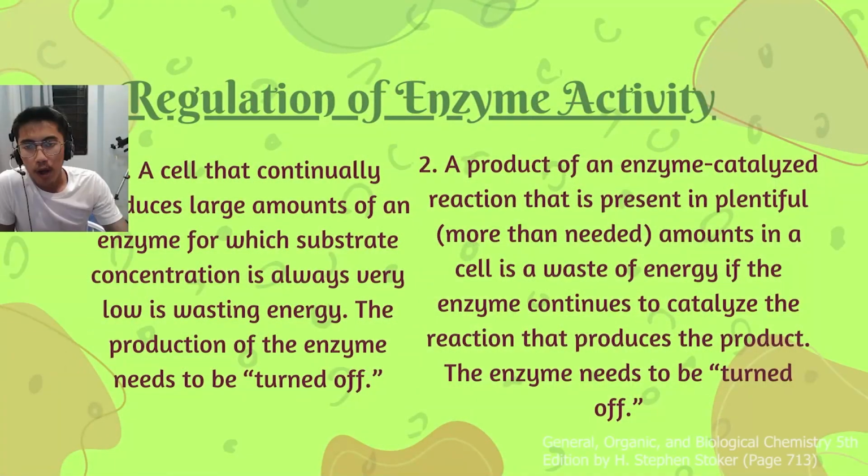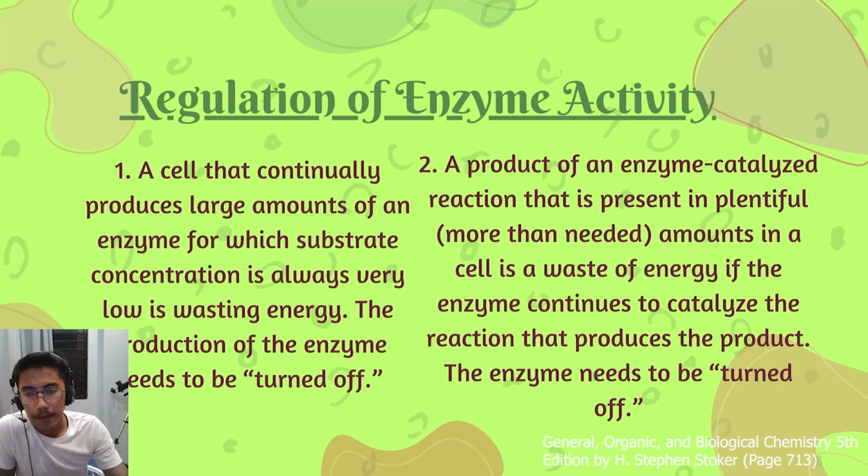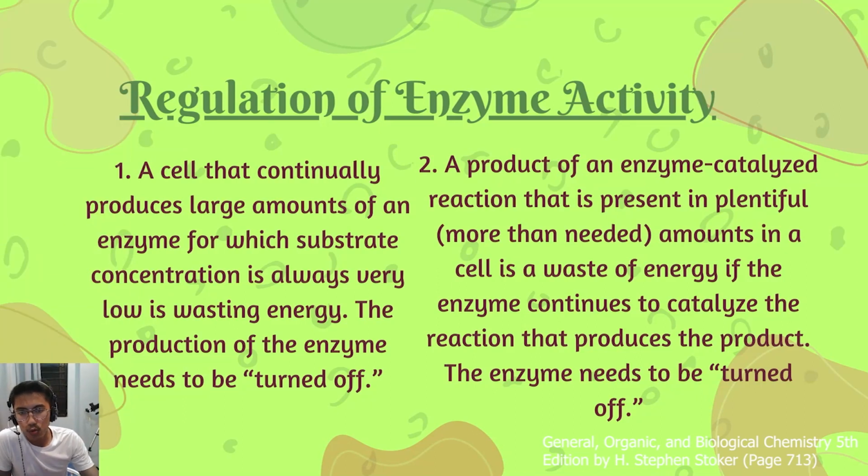Now, why do we regulate enzyme activity? There are actually two very good reasons. Number one is the substrate is low. We don't actually need enzymes when the substrate concentration is low. We're just wasting energy if we do that.